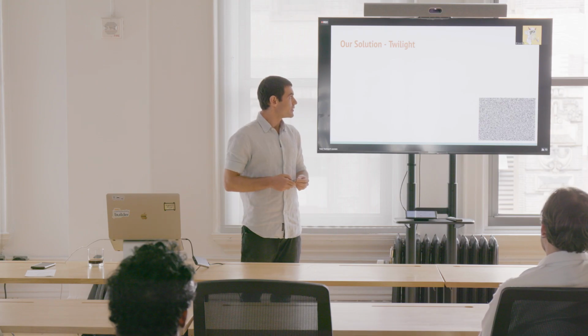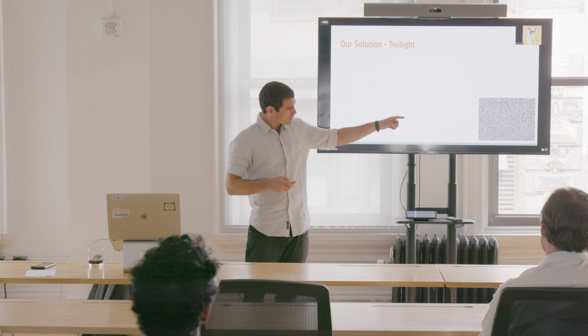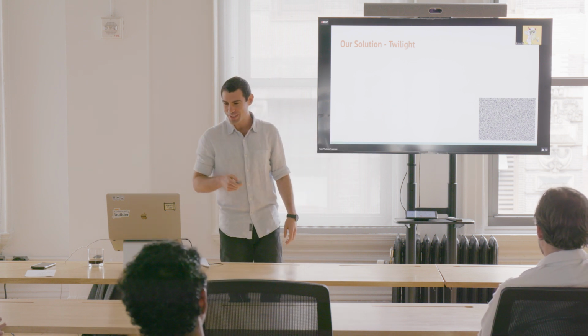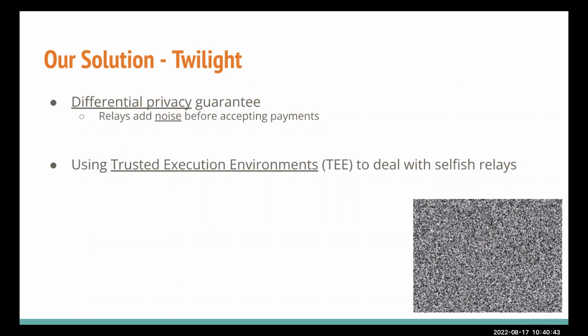This is a great but. And Twilight is a payment channel network that tries to solve this problem, that tries to solve probing attacks. I think this will hint at how we do that. The basic idea is that we use noise in order to provide differential privacy guarantees.